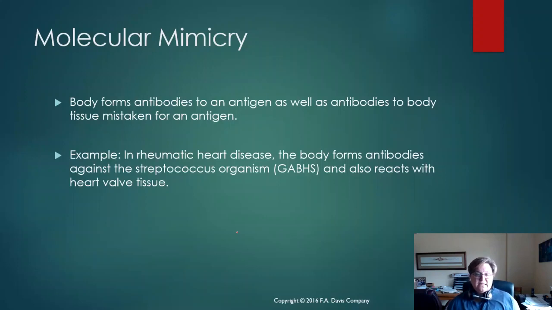So you'll see that the molecular mimicry has caused, just because they had a strep infection a while ago, now they're having heart valve tissue problems because that mimicry has made their body mistake their heart valve tissue cells for an antigen.